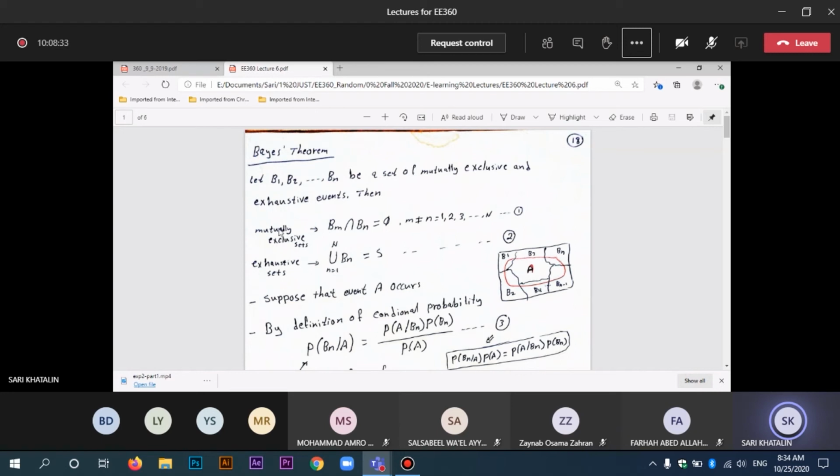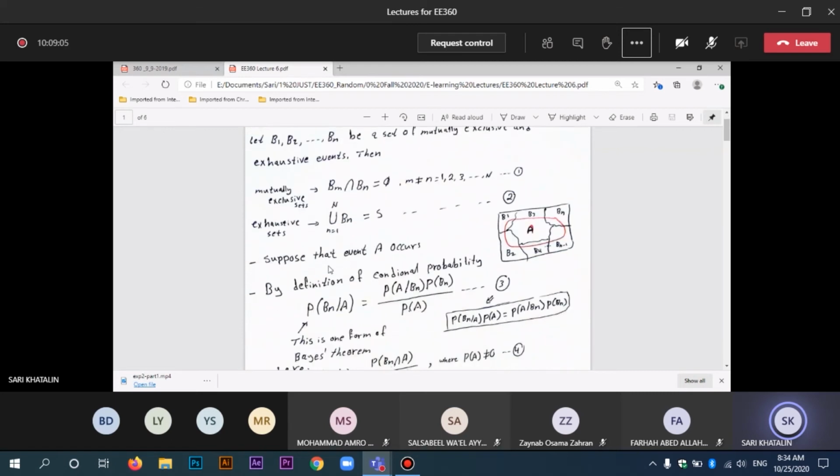We talked about what we mean by mutually exclusive, as shown in equation 1, where the intersection between, let's say, B1 and B2 has to be equal to 0, B1 and B3 equals 0, and so on and so forth. And as far as exhaustive, the whole set of events B1 through Bn, when you combine them together, has to be equal to S, the universal set, okay?